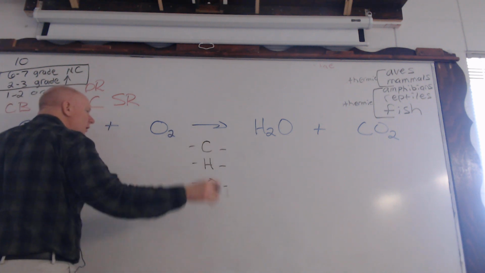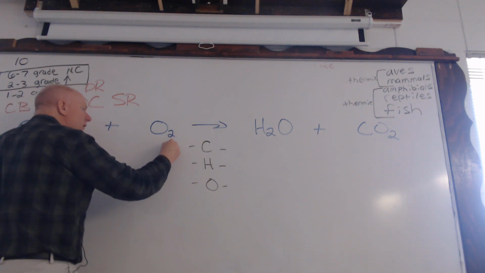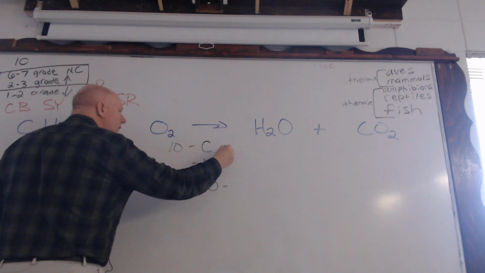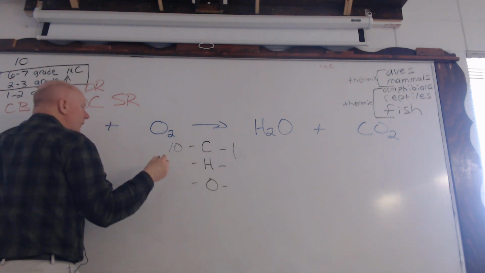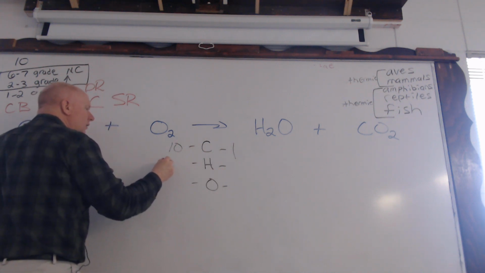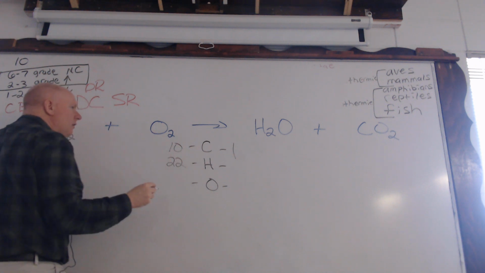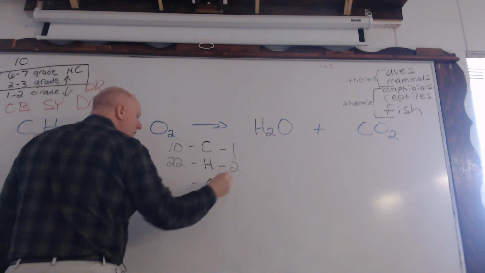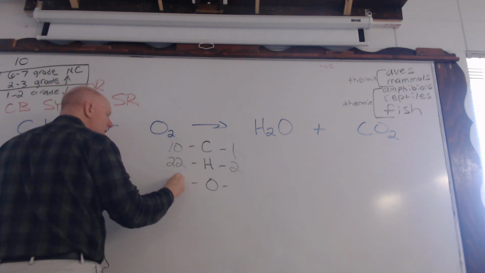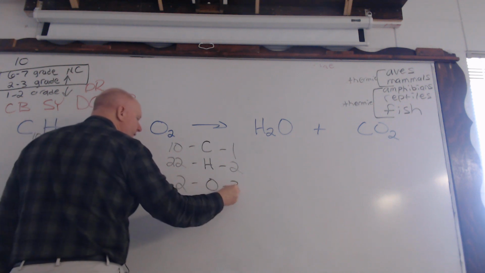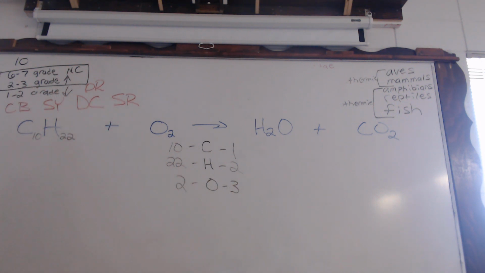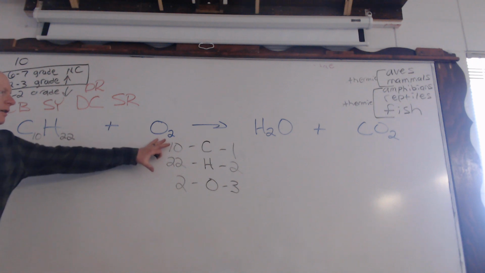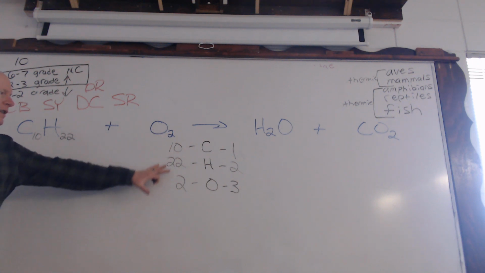Okay, carbons left, 10, carbons right, 1, hydrogens left, 22, hydrogens right, 2, oxygens left, 1, oxygens right, 3. Okay. So, other than these numbers are bigger, we've already established that.